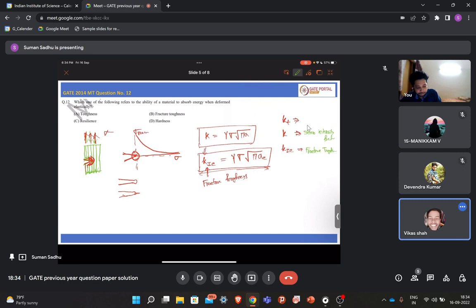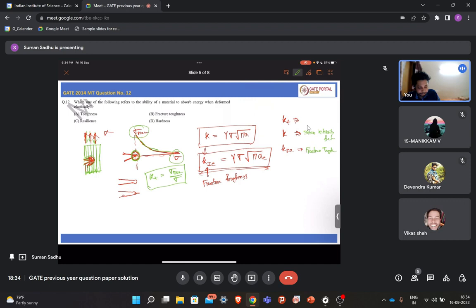KT is when your stress is getting concentrated here. That means the ratio between this maximum stress and this sigma. So KT is sigma max over sigma. So what is KT showing? KT is showing how much stress will be concentrated near your crack, right?